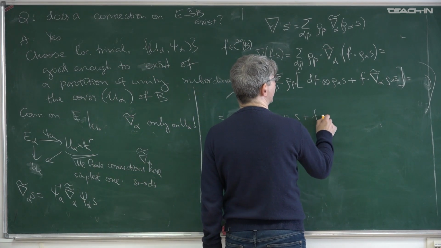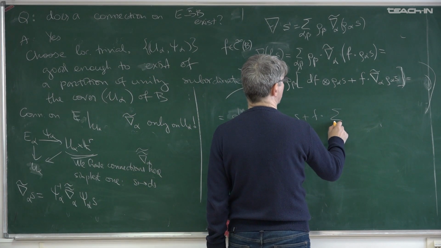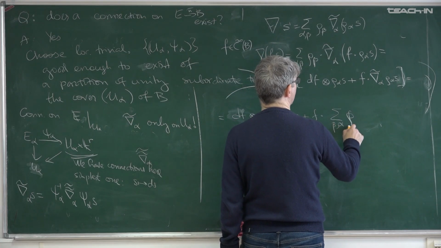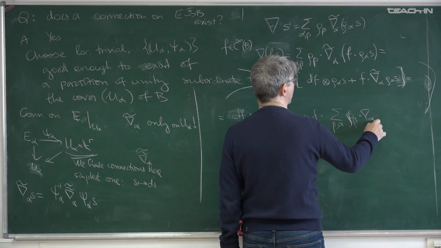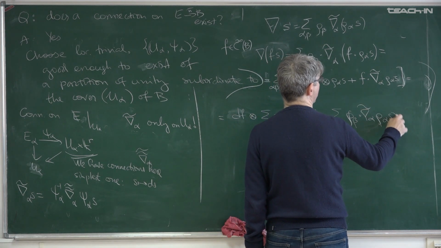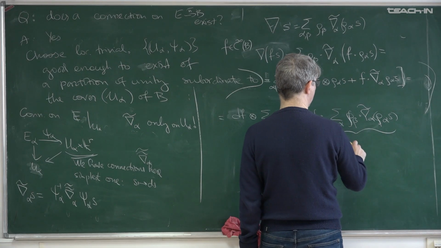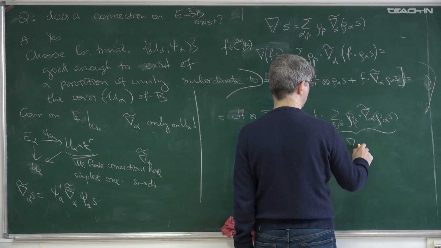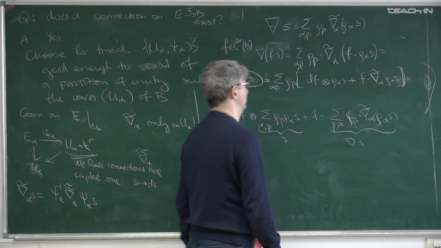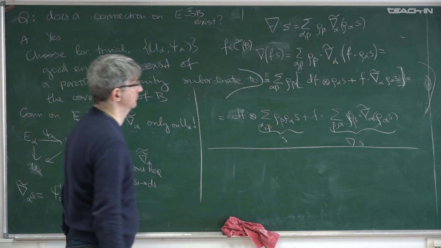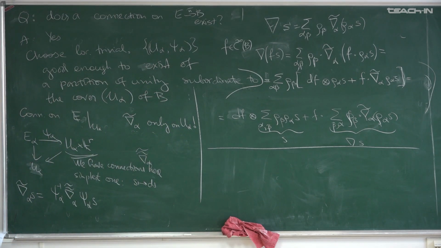Plus f times the sum over beta and alpha of rho beta, nabla alpha, rho alpha of s. And I believe that this thing is just nabla of s. Okay?